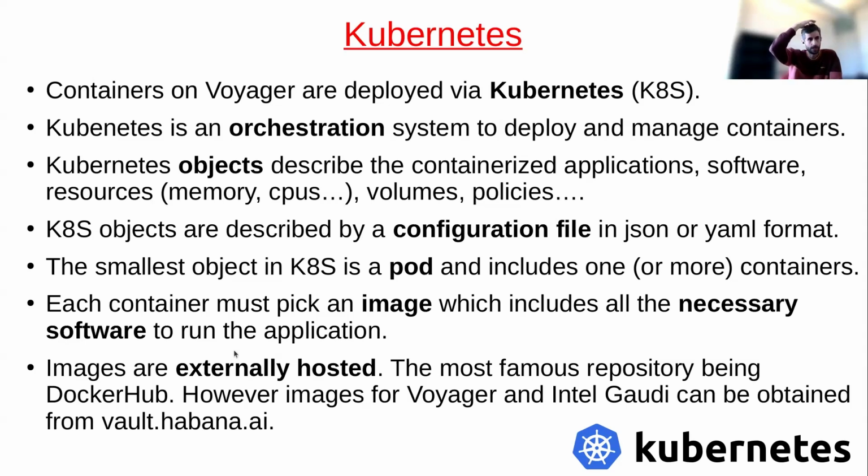But if you want to run a container in Voyager, you need the image from Intel Gaudi, because you need the software, the Synapse AI, to run on Voyager. I'm going to show you later one of these images and how this works.